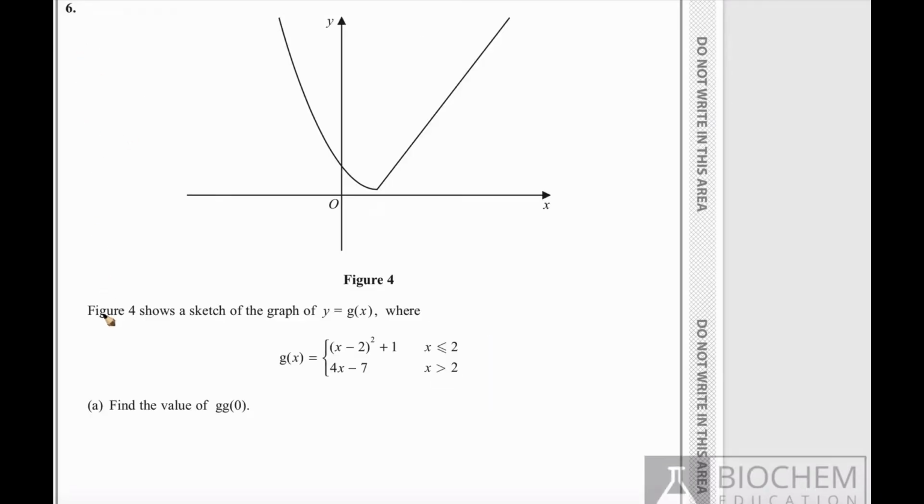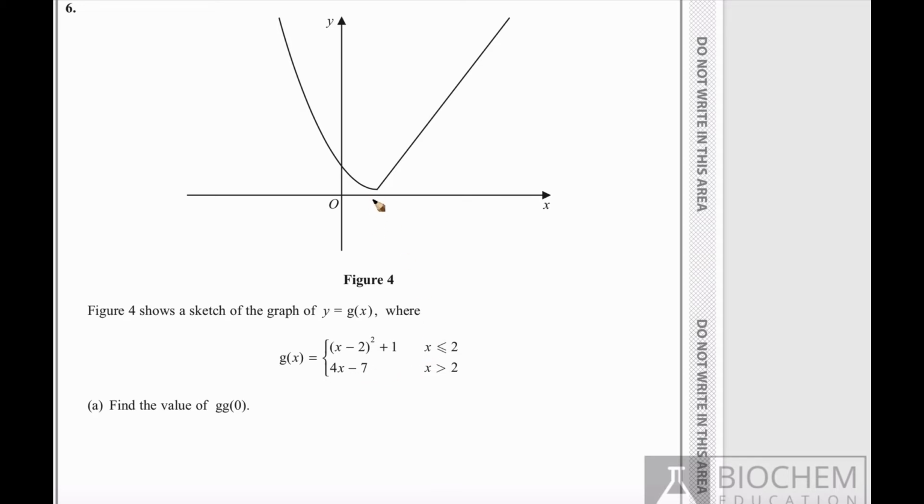Question 6. Figure 4 shows a sketch of the graph of y equals g of x, where g of x is defined by two equations for different values of x. For x values less than or equal to 2, g of x is defined by (x minus 2) squared plus 1. For x values greater than 2, it is defined by a straight line, 4x minus 7.